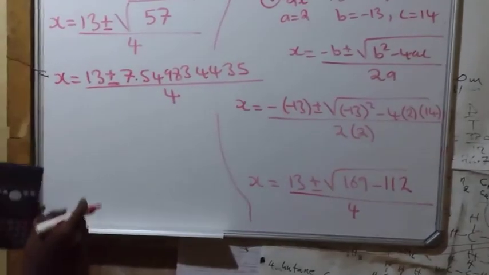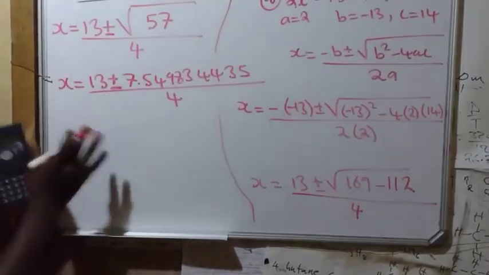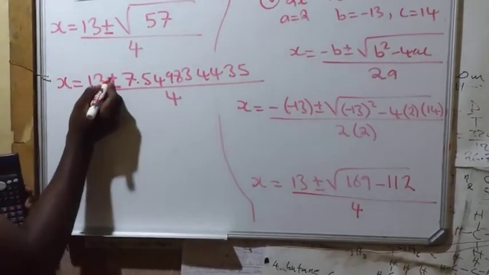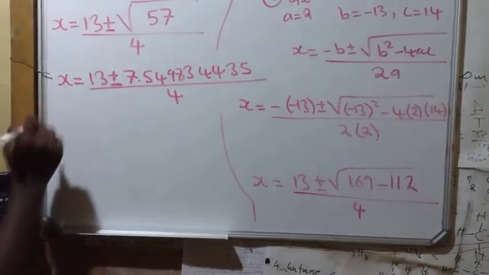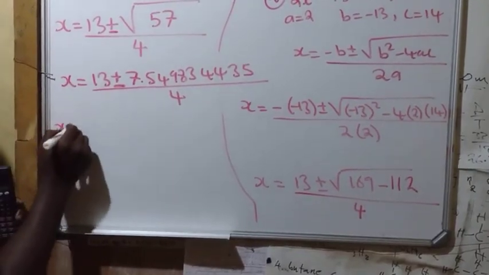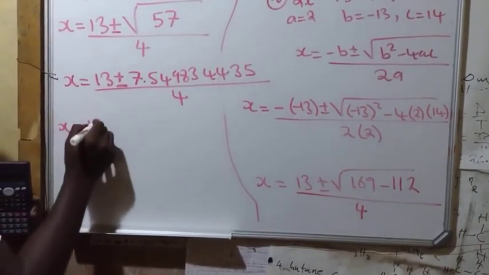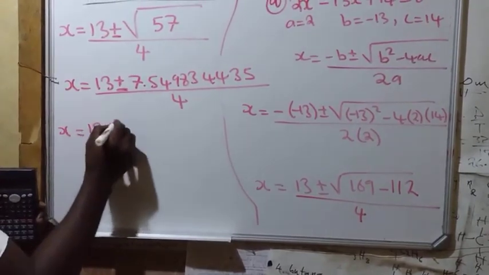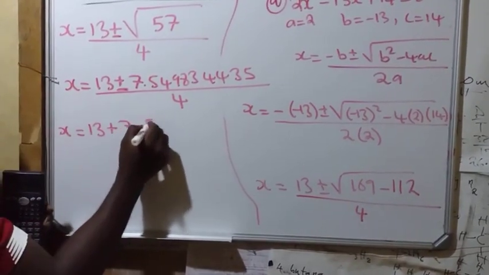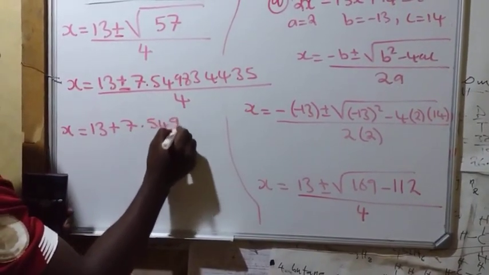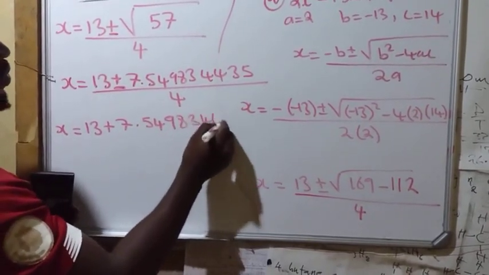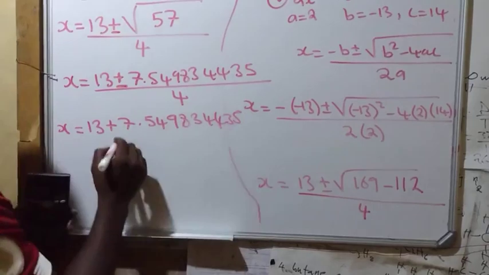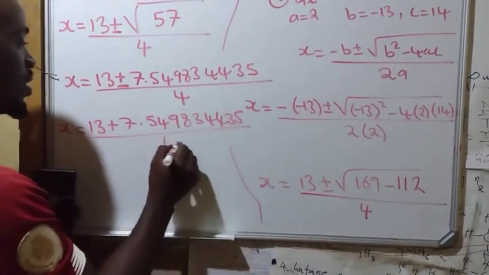Now let's split this. How are we going to split this? We have a plus and a minus, so that is how we are going to split. We start with the positive side. So x equal to 13 plus this value, 7.549834435, over 4.